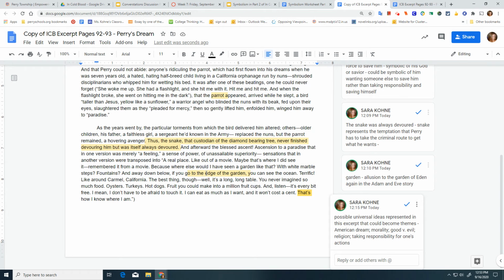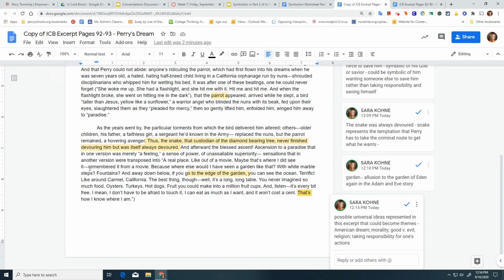This passage could be saying something about morality. Yes. It could be saying something about good and evil and the powers of evil. It could be saying something about religion or Perry's aversion to religion, and how religion affects someone's mind to a certain extent. It could be saying something about taking responsibility for one's actions. There's a lot of different things that we could say about this particular passage.